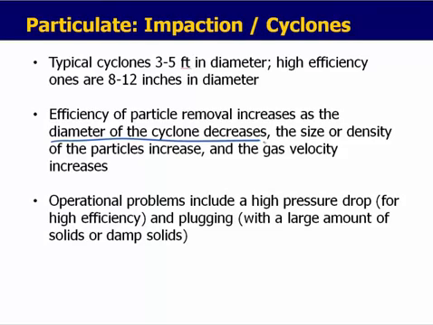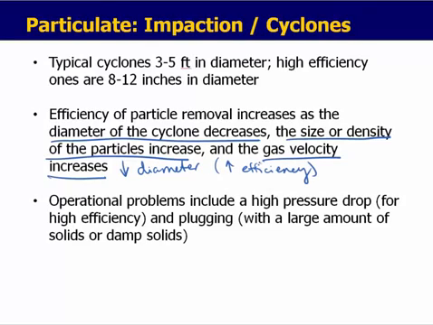The size or density of the particles also increases the efficiency. As the size or density increases, the better the removal of those particulates. And then with the decreased diameter, you have that increased gas velocity, and that also creates higher efficiency.